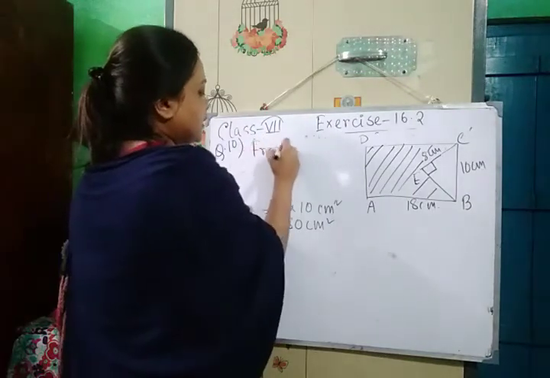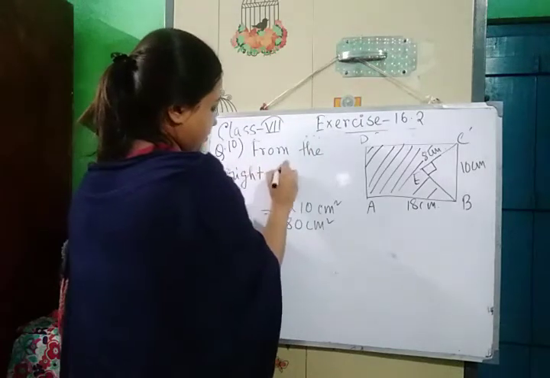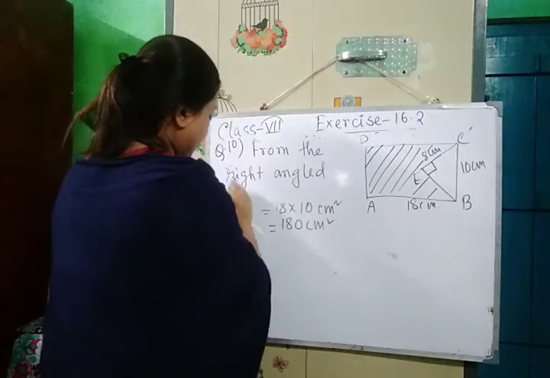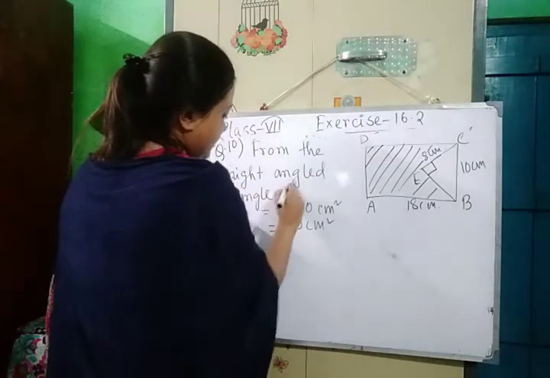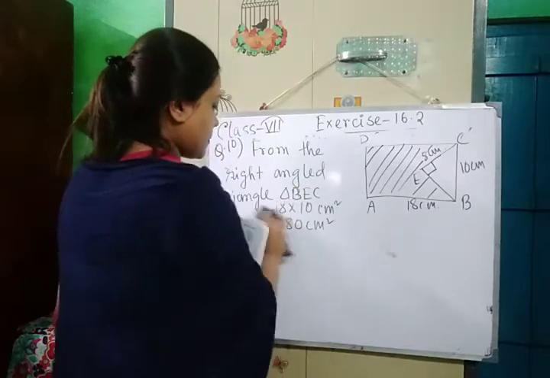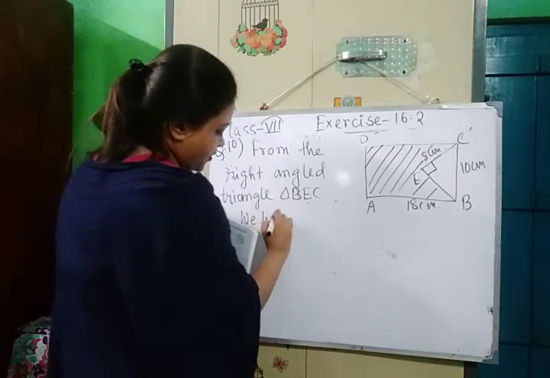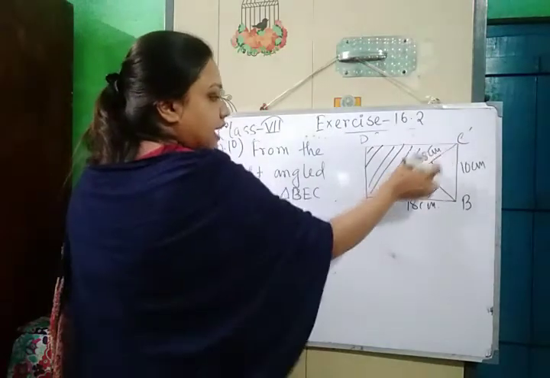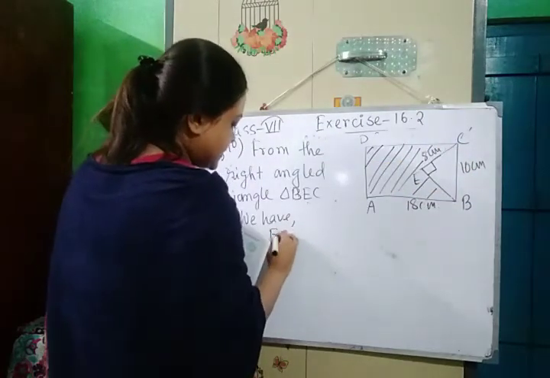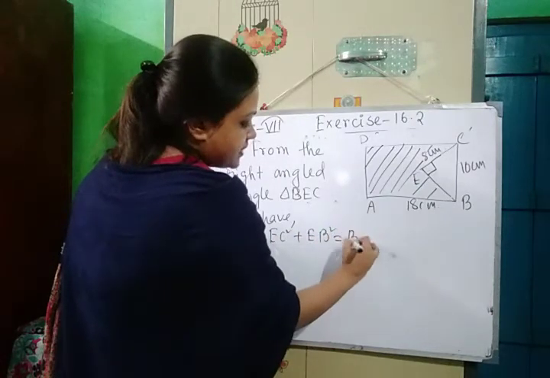From the right angled triangle BEC, we have height square plus base square equals hypotenuse square, means EC square plus EB square equals BC square.